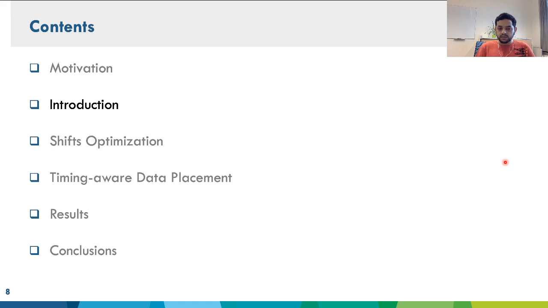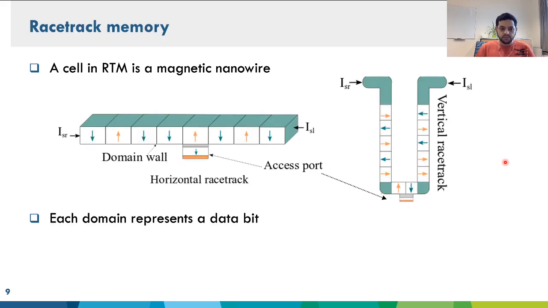In the next few slides, I'll talk about what exactly racetrack memory is, how it works, and what the overall architecture looks like. So let's start with the introduction. A single cell in racetrack memory is a magnetic nanowire which can be placed horizontally or vertically on the surface of a silicon wafer, and then the magnetic nanowire is split into multiple domains, which is basically a magnetic region with the same magnetic direction.